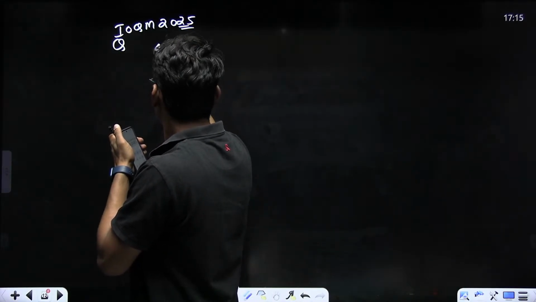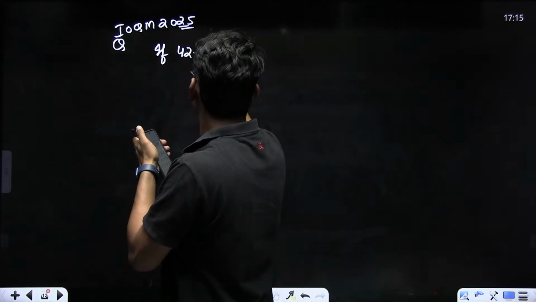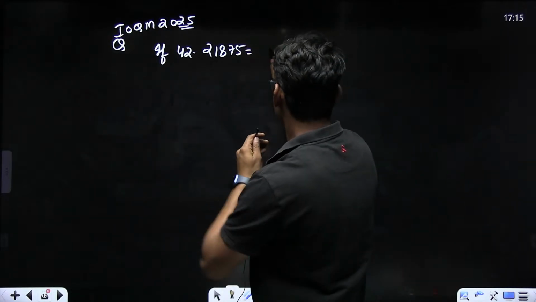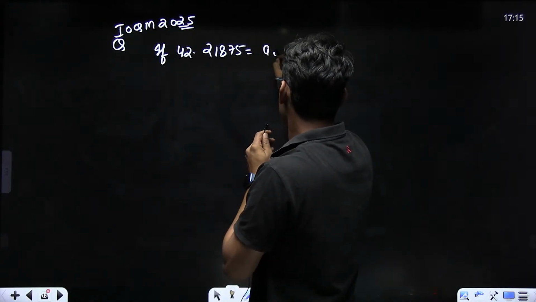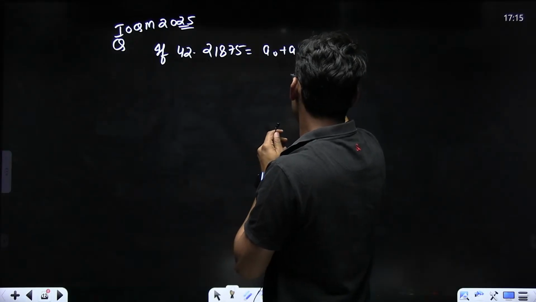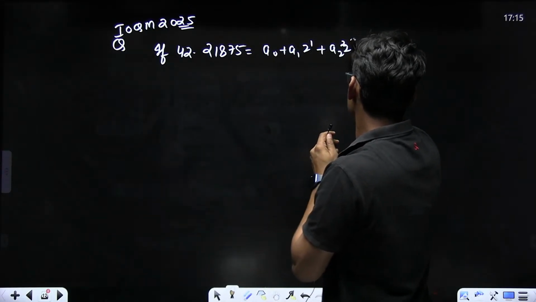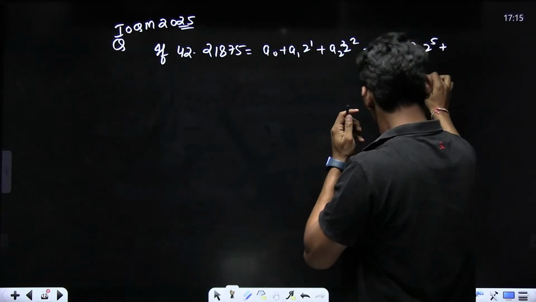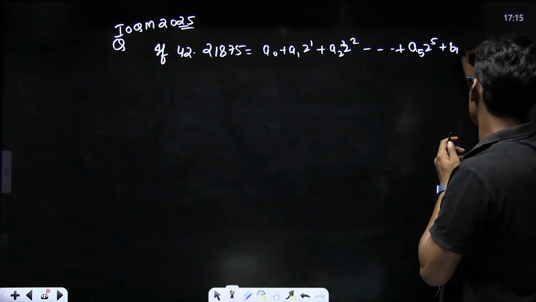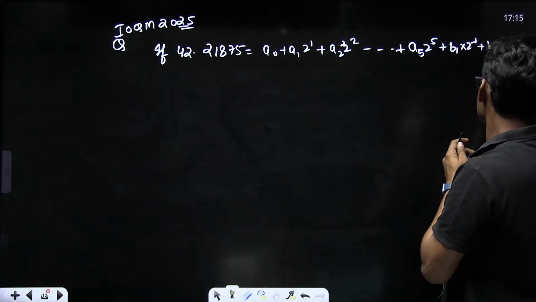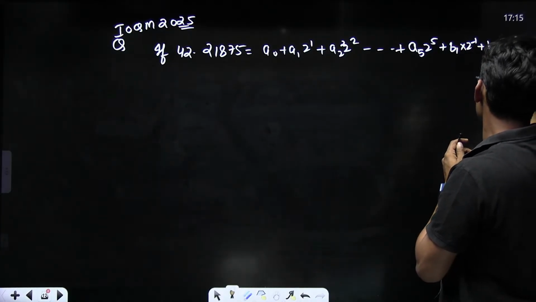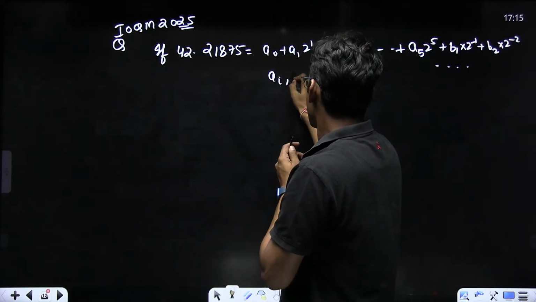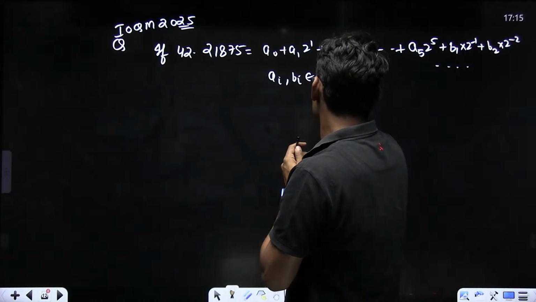If 42.21875 is equal to a naught plus a1 2 to the power 1 plus a2 2 to the power 2 plus a5 2 to the power 5 plus b1 2 to the power minus 1 plus b2 2 to the power minus 2, and so on, where ai, bi belong to 0 and 1.